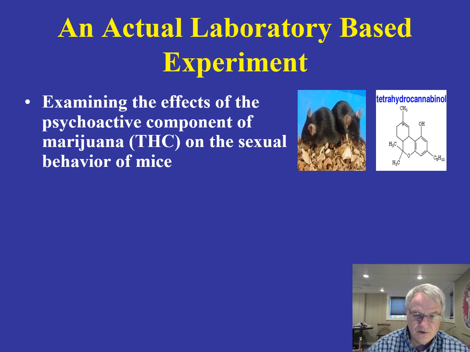We're going to measure the amount of time that it takes the male to mount the female, the number of mounts the male exhibits, the number of intromissions that the male exhibits, the length of time to intromit, and then the number of ejaculations and the length of time to ejaculate.